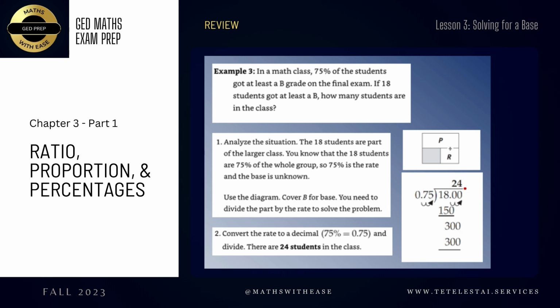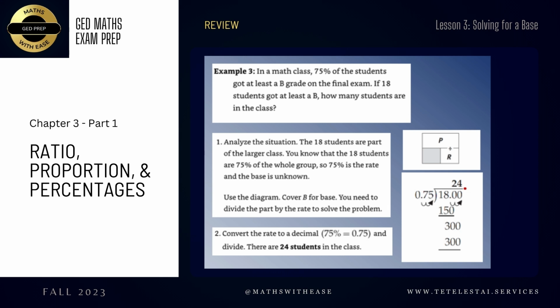So the 18 students are part of a larger class. You know that 18 students are 75% of the whole group. So 75% is the rate. The base is unknown, and we know the part is 18.